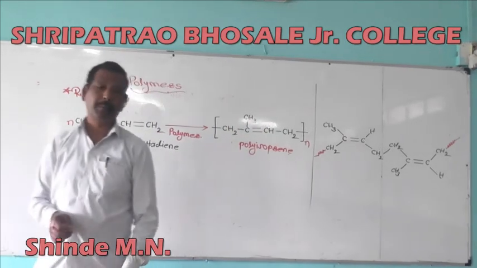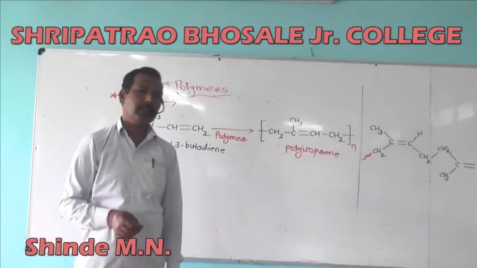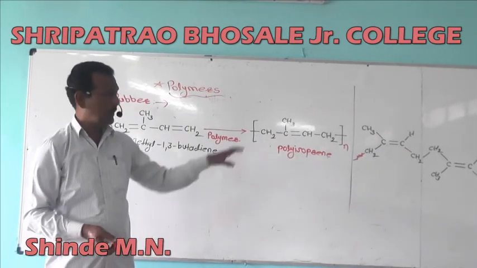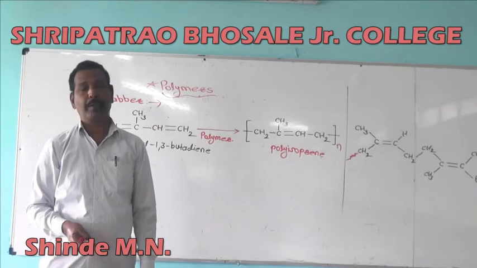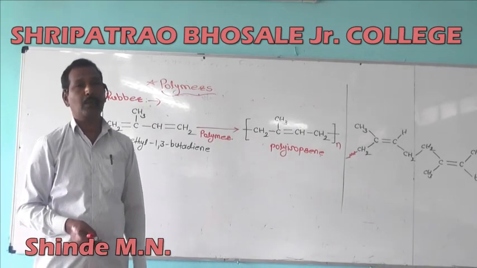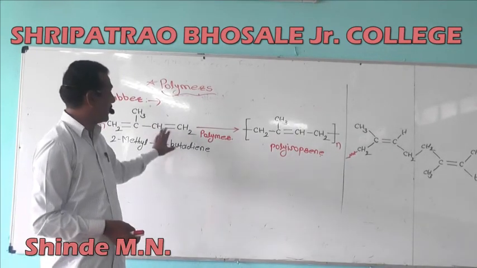In case of rubber, it is also called cis-polyisoprene, that is, there is a cis configuration across this double bond.